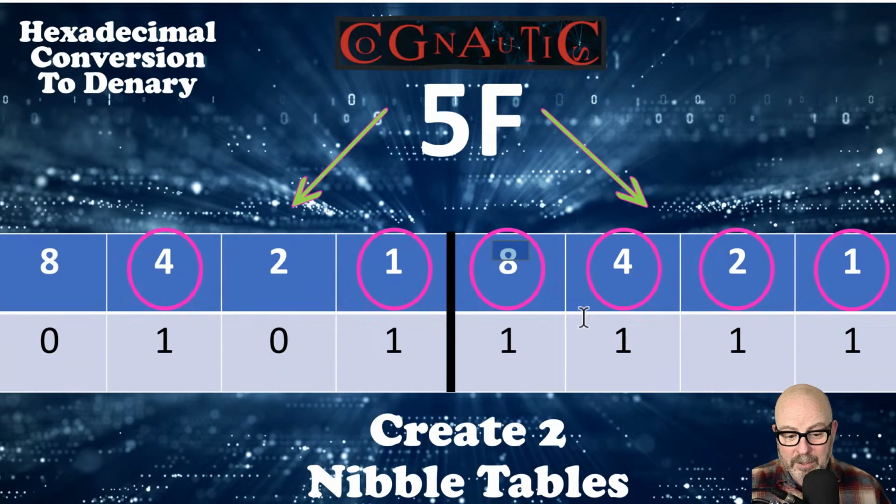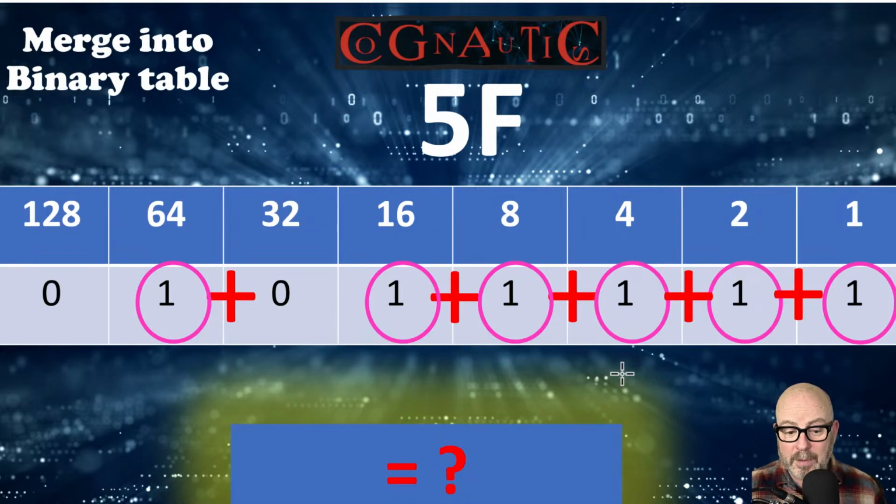Right, so you've done that. The next thing is you smash them together. Going back, there are our 2 nibble tables: 0101 1111. You smash that together and turn it into our old table that we're used to: 1, 2, 4, 8, 16, 32, 64, 128. Then you convert it into denary as we've done before.